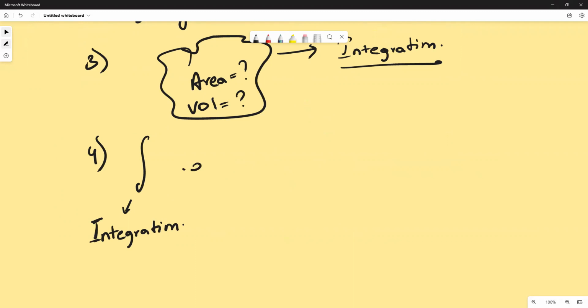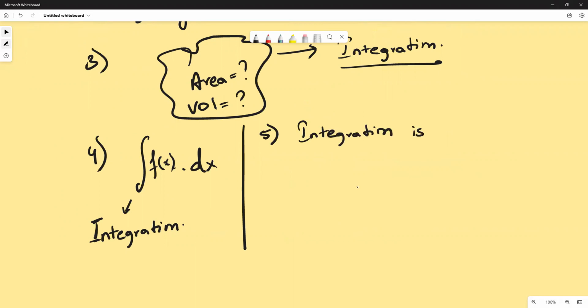And we normally use a variable with respect to a function with which we are going to integrate. Now, most of the times, integration is a reverse process of differentiation.